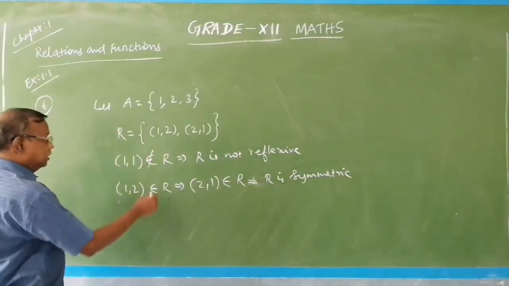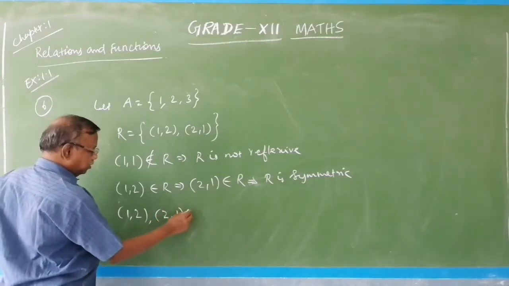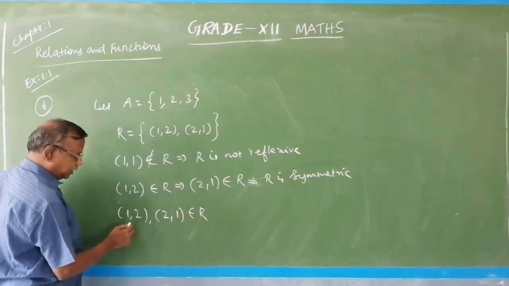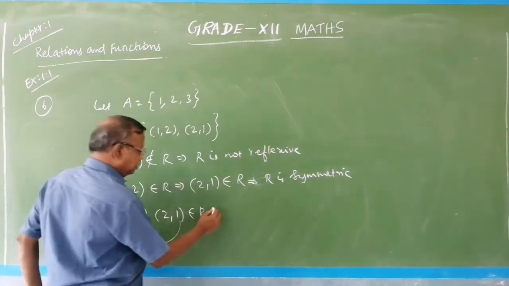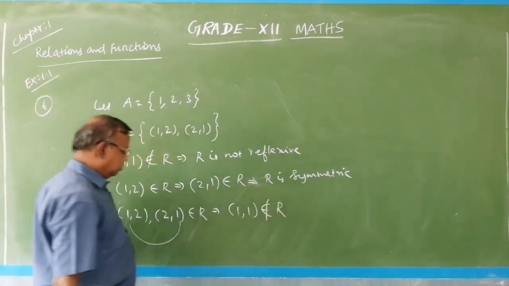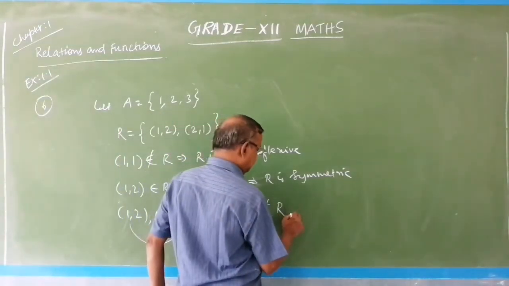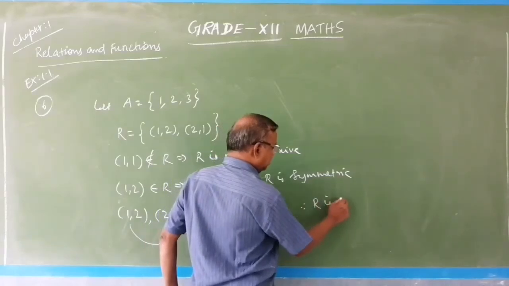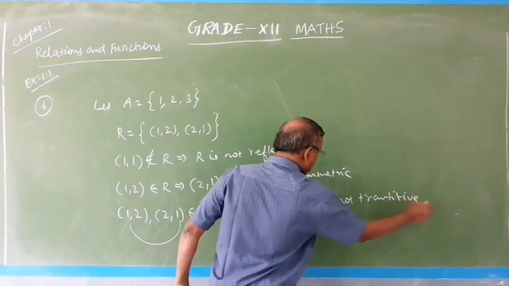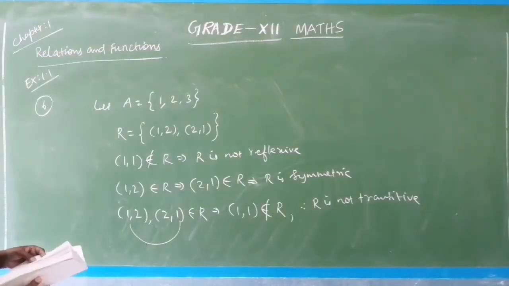There exist two elements (1, 2) as well as (2, 1) in R. For transitivity, we must have (1, 1) belonging to R, but (1, 1) is not an element of R, so R is not transitive. Hence R is only symmetric, neither reflexive nor transitive.